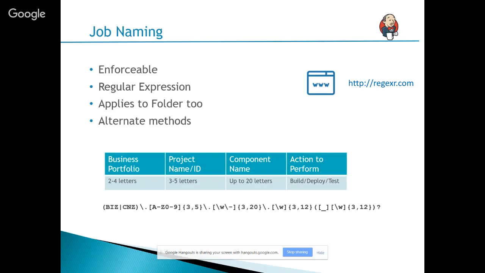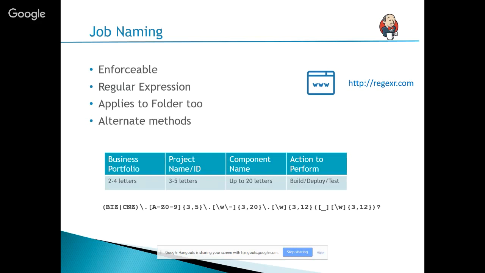So the condition that we have here is the business portfolio is 2 to 4 characters, project name 3 to 5 characters, and component. In a project, you may end up with more than one component as an end result. So let's say your backend component may be a service, and your front-end component could be a browser web application. So what is the name of the component? We can have it. And then the action performed against this component.